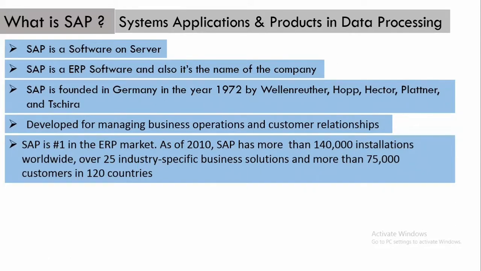We have around 2 lakh plus installations all over the world. It has 25 industry specific business solutions. We will be having one specific business solution for around 20-30 industries all over the world. More than 75,000 customers in 120 countries. Now it's around 180 countries which are using SAP in the survey of 2021.